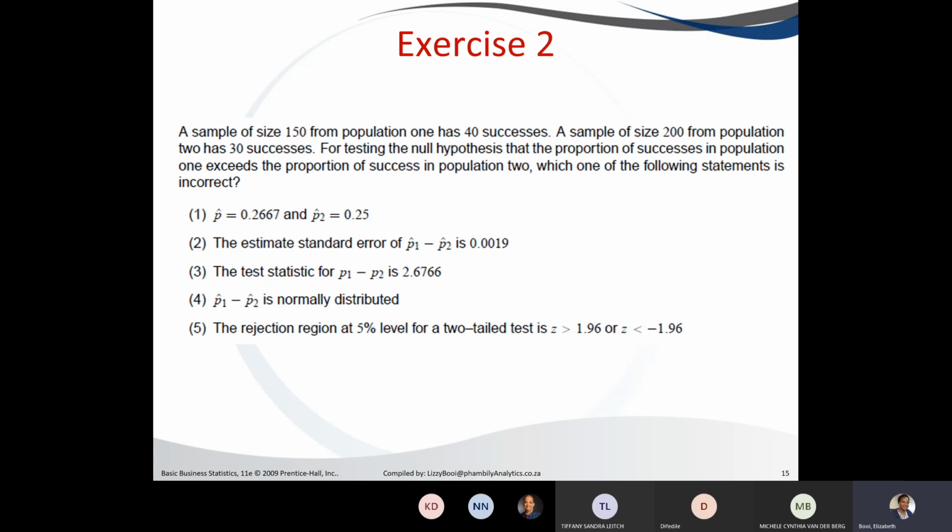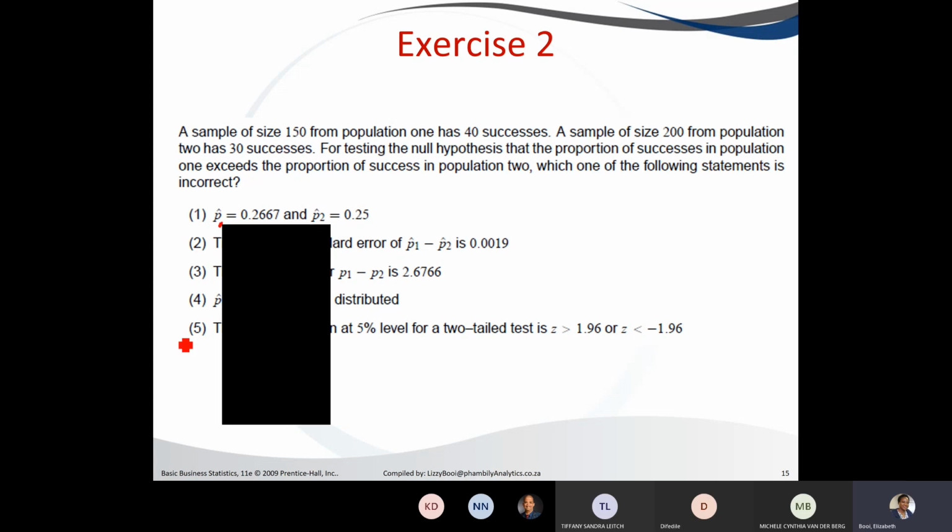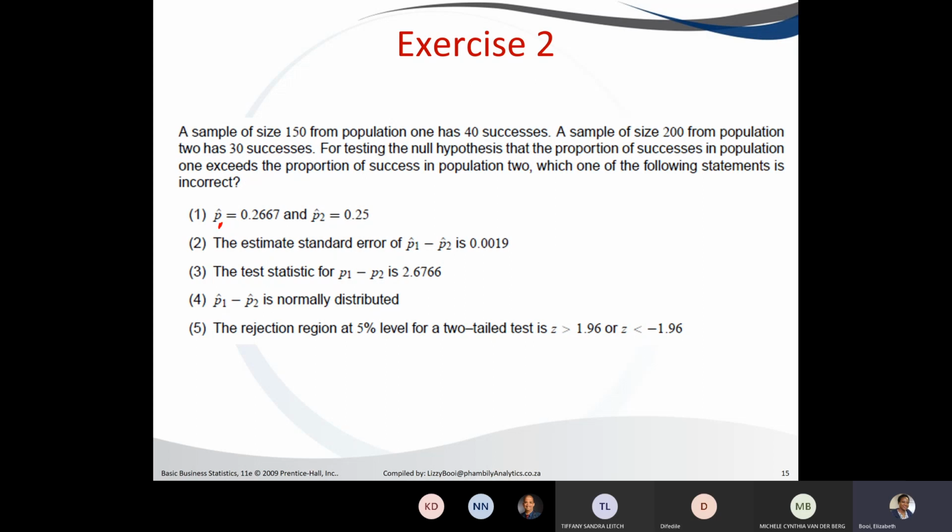Remember point estimate. So this here is missing a 1. There should be a 1 there. Sorry, there is a 1 there. And remember for point estimate 1, it's x1 divided by n1. And for point estimate 2, it's x2 divided by n2.